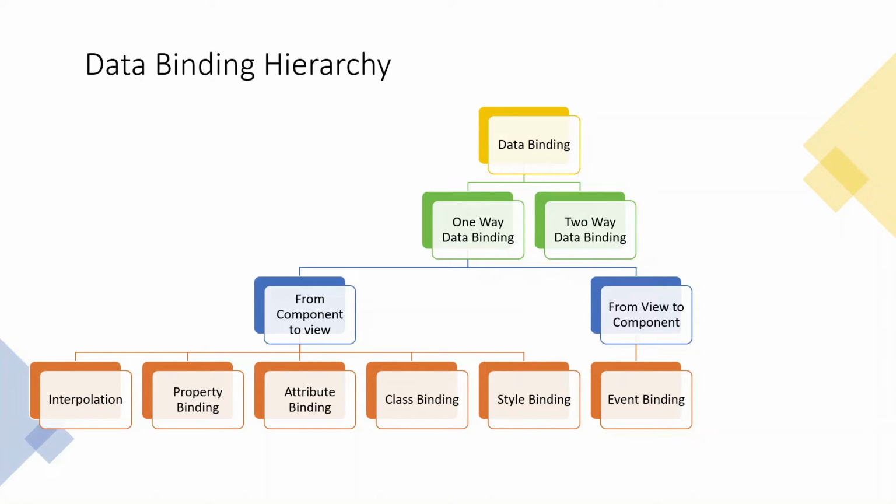Two-way binding is basically a way to bind the data simultaneously from the component to the DOM and from the DOM to the component. So whatever changes are done in the component should be reflected on the DOM, and whatever changes are done on the DOM should be reflected in the component.